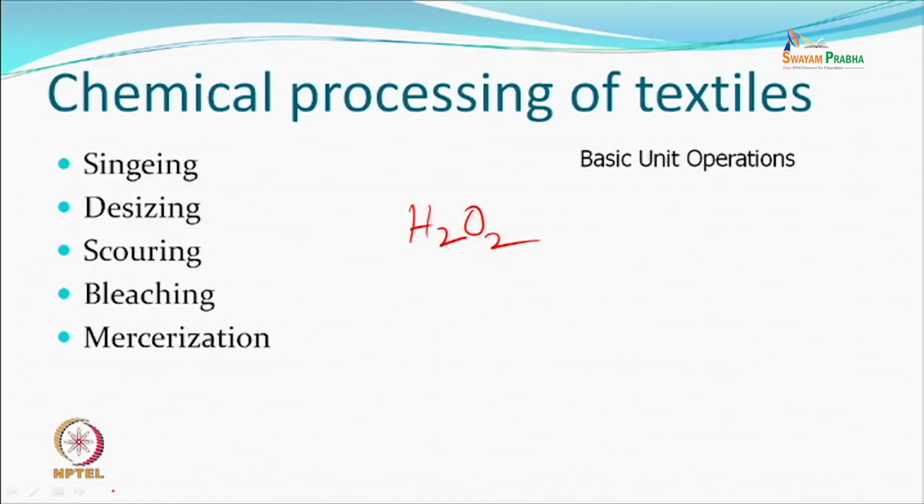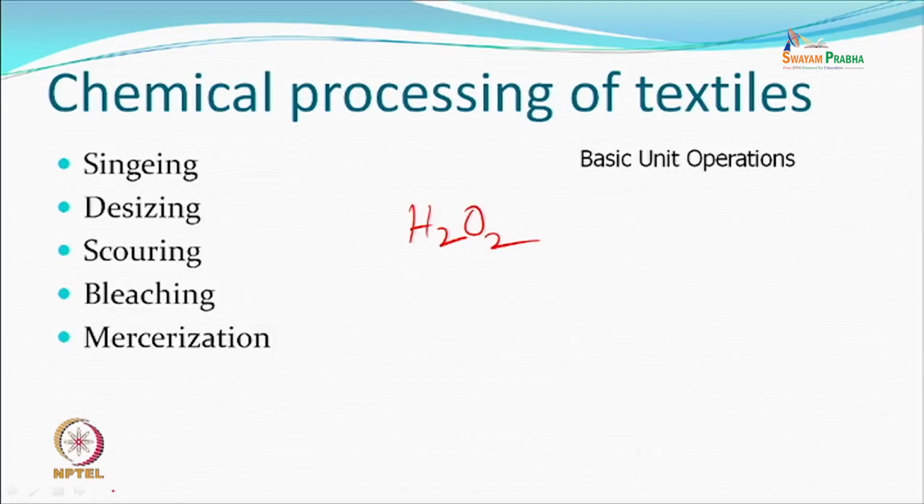But mercerization is specific to only cotton. Can you mercerize wool? Why not? It will just get destroyed, dissolved in the alkali. Even mild alkali can dissolve it. This is too strong an alkali for wool and silk. And therefore, this process is very specific.